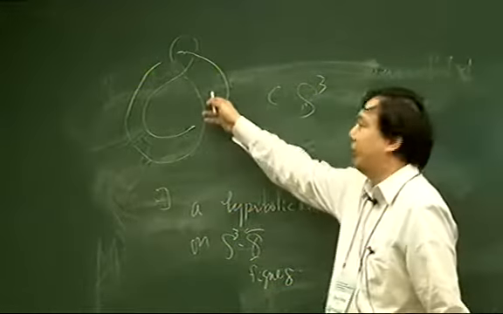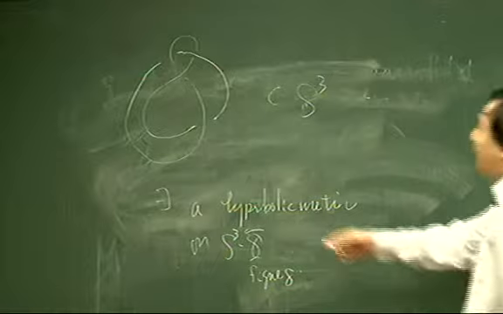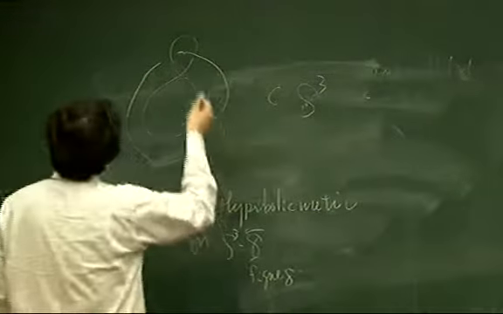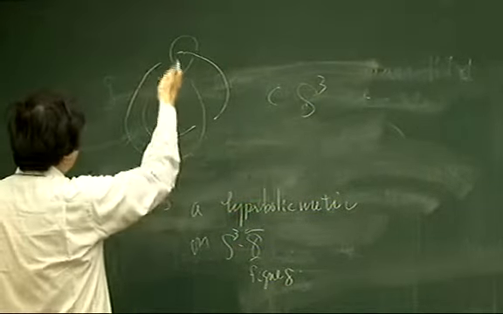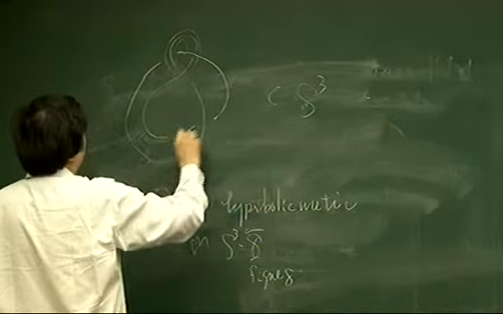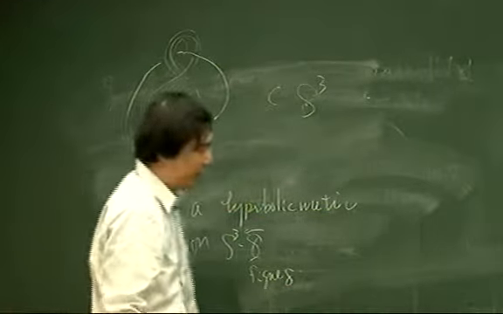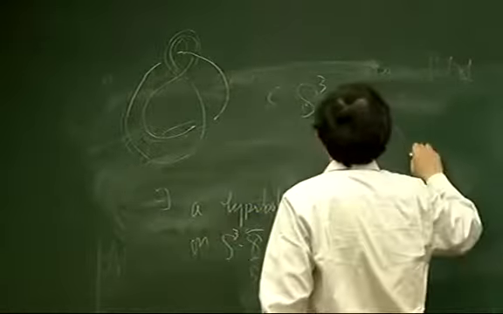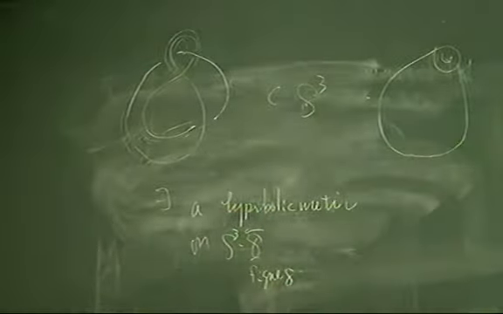Because the complement is not compact, instead of considering the complement itself, sometimes it is more convenient to consider the complement of the tubular neighborhood of the figure 8 knot. Then you get a manifold with torus boundary, which is compact.